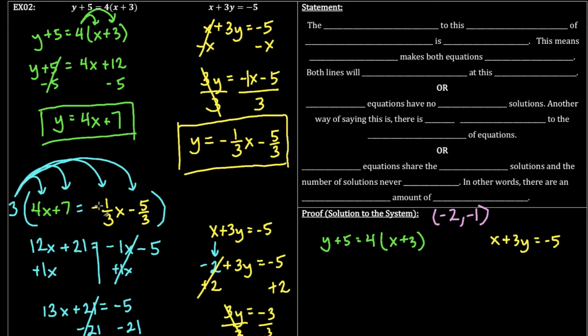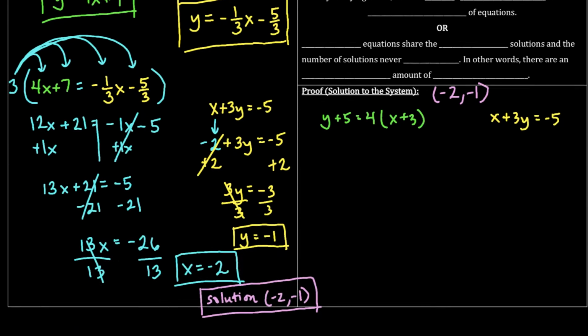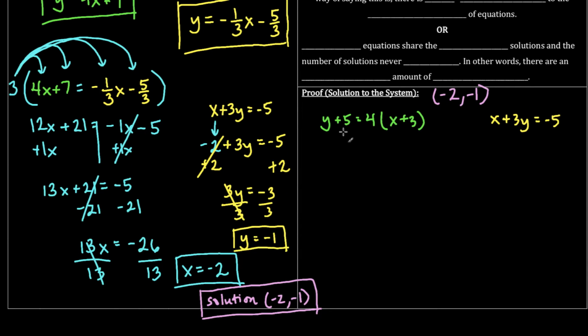Theoretically, you could use these if you did them right, but you're never quite sure, so you need to make sure, and one way of making sure is using the original equations. So let's do this. So negative 2 is the x. So negative 2, y is negative 1, x is negative 2. Oh, I forgot the arrow. X is negative 2, y is negative 1.